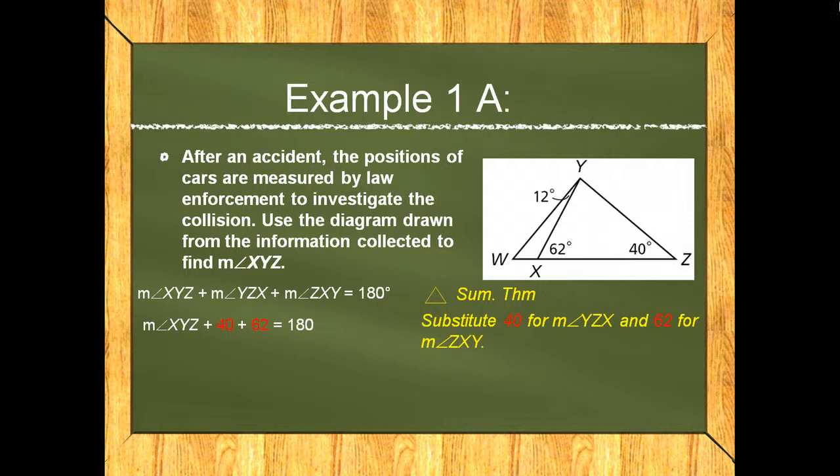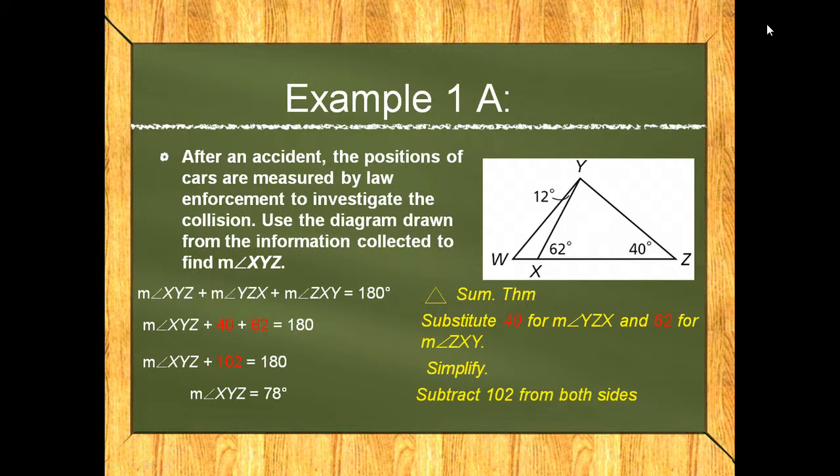Then we can substitute in 40 for angle YZX and 62 for ZXY. We can simplify, and then subtracting the 102 degrees from both sides, we get that the measure of XYZ is 78 degrees.